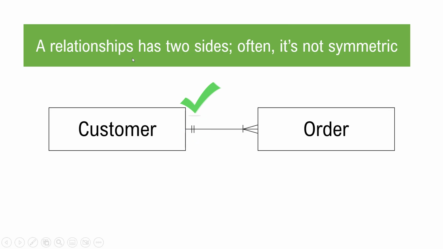So always remember, a relationship has two sides, and very often it's not symmetric, which means they're different. Very frequently what you will see in data models is this asymmetric relationship, which we often call a parent and child relationship. In this case, the customer entity would be a parent, and it could be related to multiple orders.